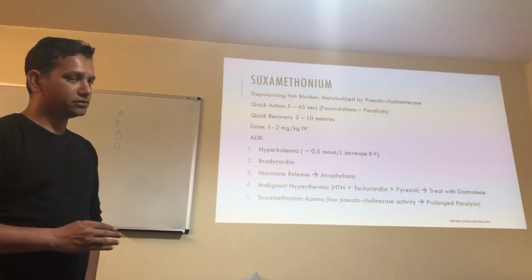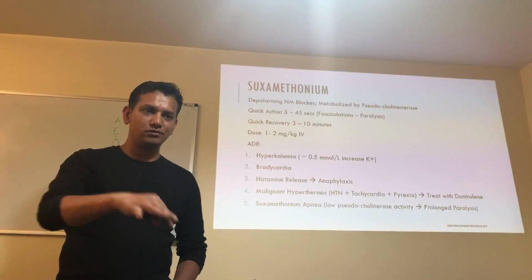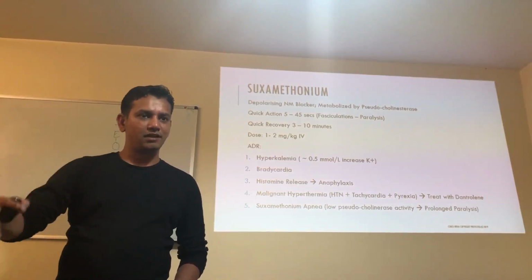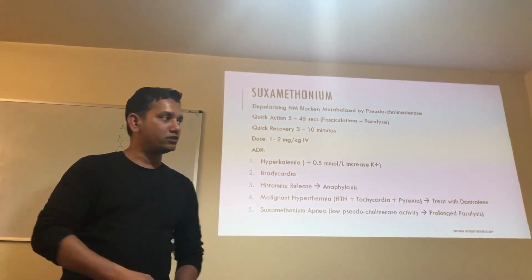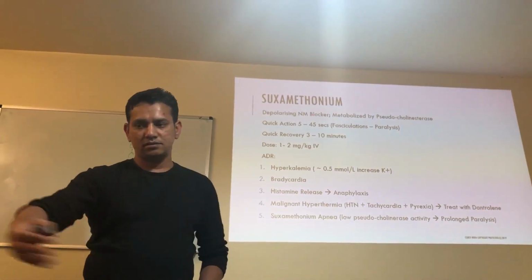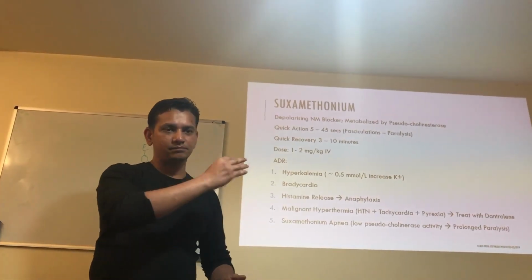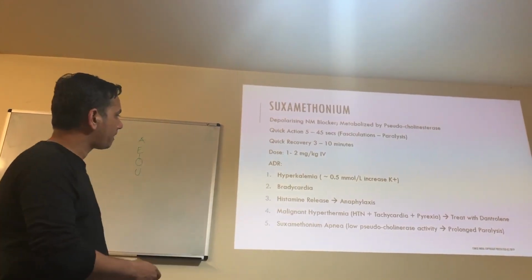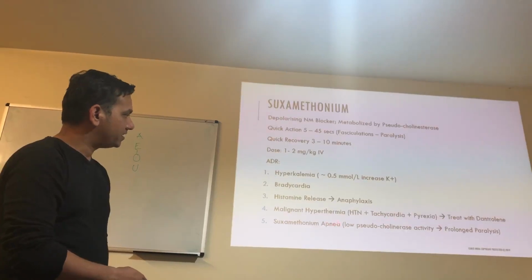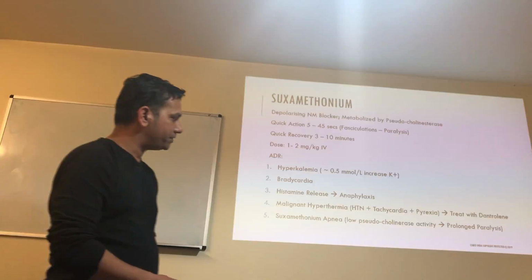It's very short acting, so the recovery is within 10 minutes. Succinylcholine sits on the receptor, occupies it, paralyzes, then it is broken down by pseudocholinesterase into succinate, and choline goes back and forms acetylcholine. Malignant hyperthermia is hypertension, tachycardia, pyrexia, treated with dantrolene.